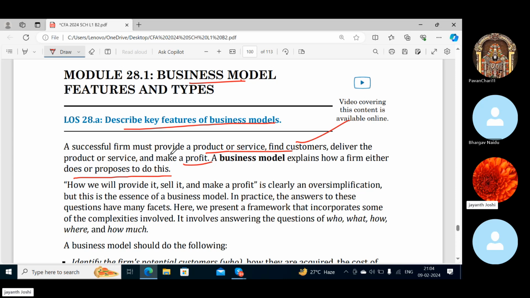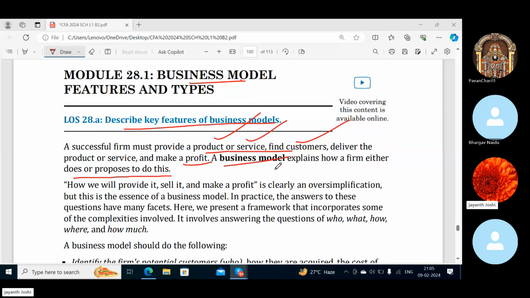A company has been established for making some product, giving some service to some customers, and then making profit. And how they are going to do this in the most efficient way is what we are going to learn today, because they are going to apply some models for doing that.